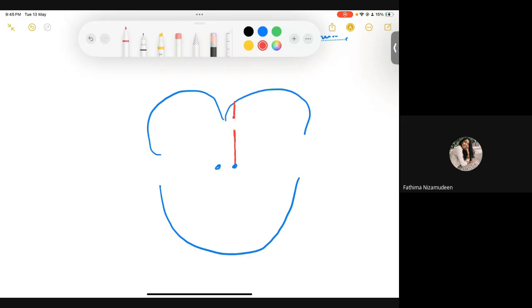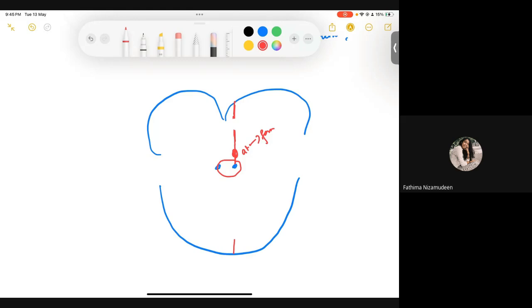Remember? So these endocardial cushion cells are helping this portion of the atrial septum to form, right? So can I say that endocardial cushion cells help in interatrial septum formation? Yes or no? Perfect.